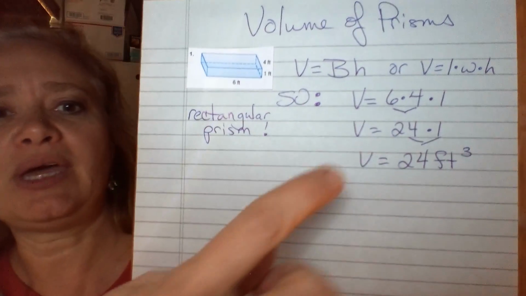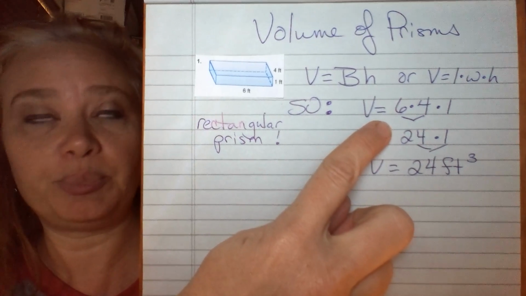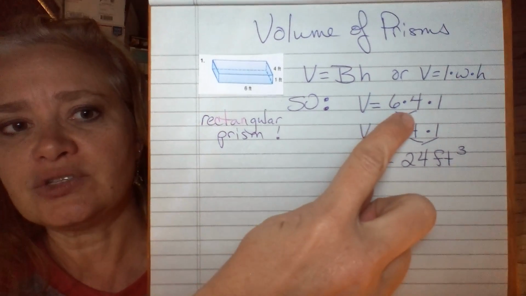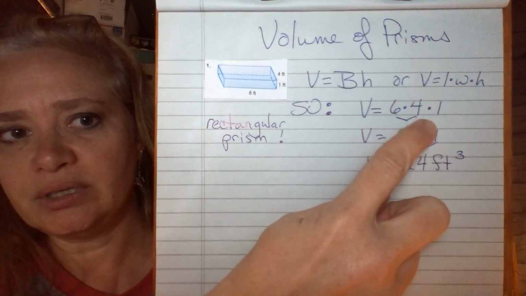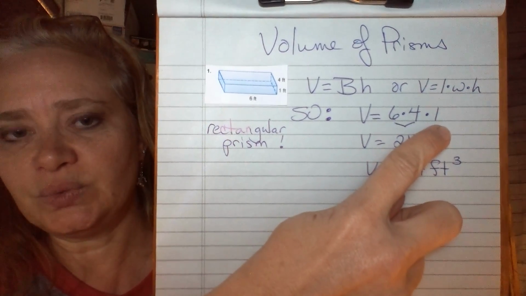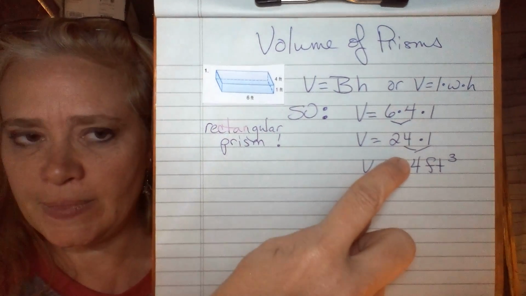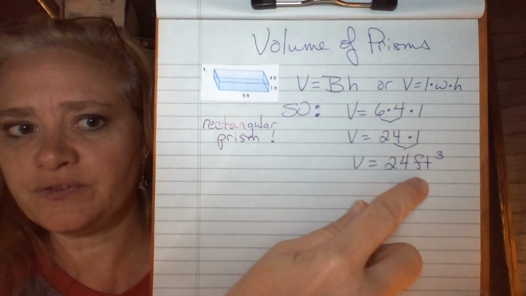So when I go and I fill in my math work, I transferred my formula. You know, Miss Reynolds is big on making sure you write your formula down. So I have my length 6 times my width 4 times my height 1, or 6 times 4, 1 step at a time, is 24 times 1, which gives me 24 feet.